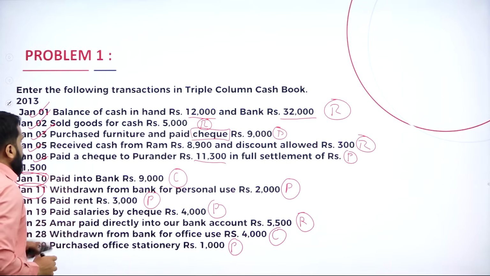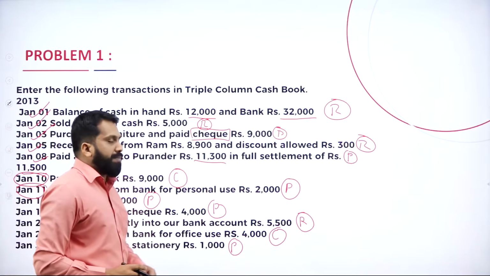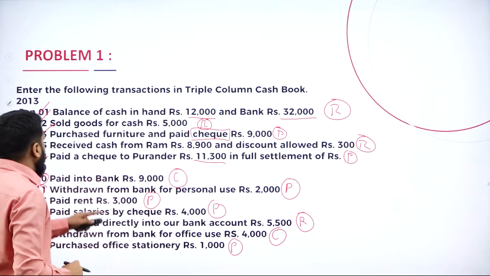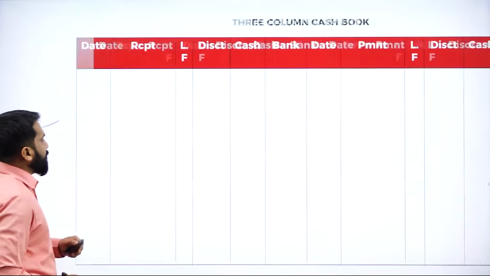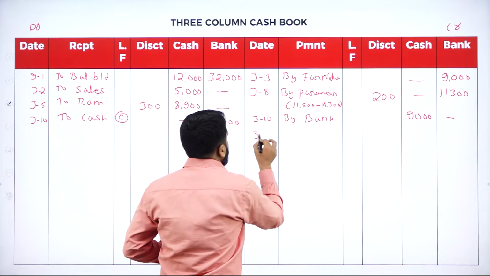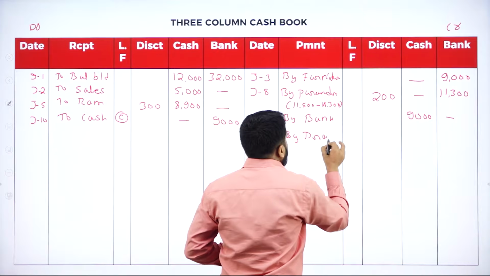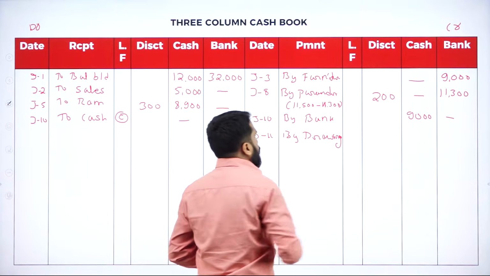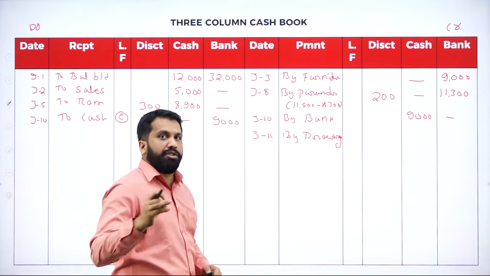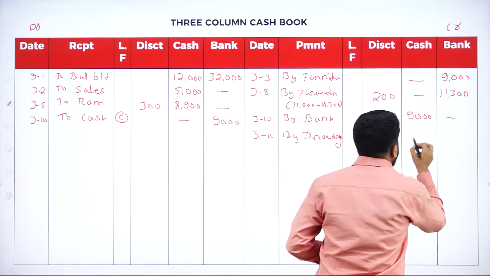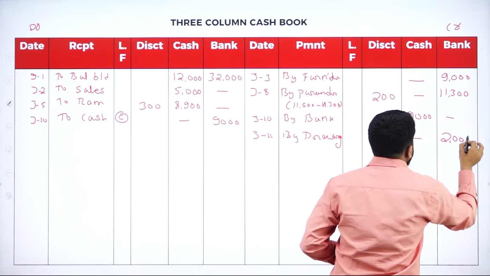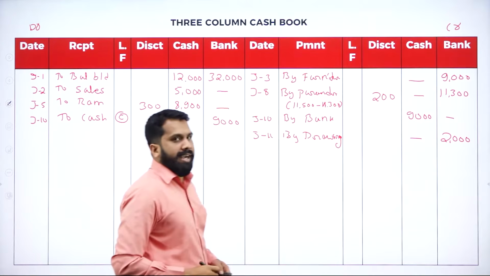Jan 11th, withdraw from bank for personal use. Drawing. How much is it? January 11th, 2,000, by drawings. So withdraw from bank means it should be under the bank column. How much is it? 2,000. It is done.